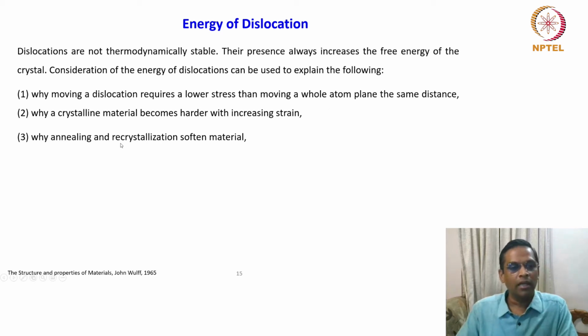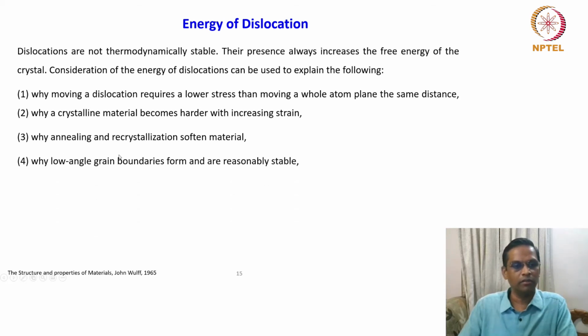Why do annealing and recrystallization soften the material? Increasing the strain increases the dislocation density, which gives a clue, right? Annealing and recrystallization are going to reduce them. So kind of, but we don't know. Why do low angle grain boundaries form and why are they reasonably stable?